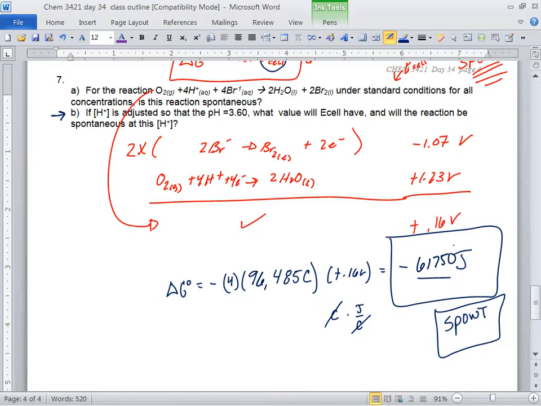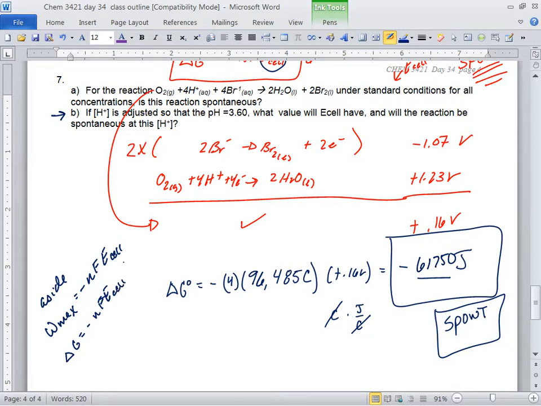Okay, before we move on and do part B, I want to do a little aside. W max equals minus nF E cell or something like that, right? These two equations both have little n in them.